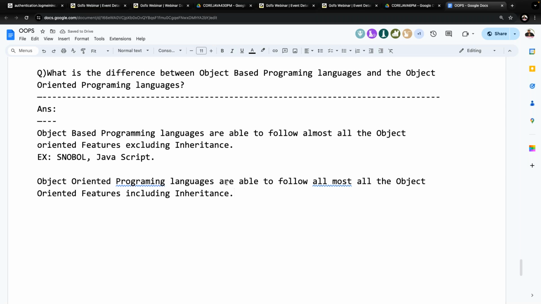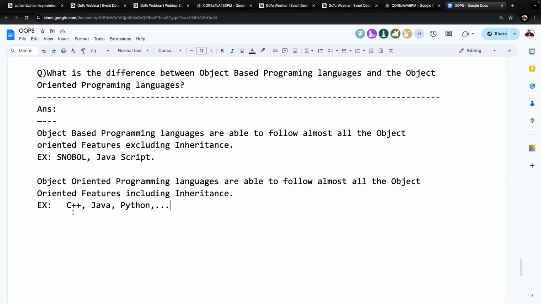No need to think much about the examples for it. What are the various examples for object oriented programming languages? You can understand C++, Java, then Python. All these are object oriented programming languages, where we have the inheritance feature available. Everywhere we are able to have the inheritance concept.